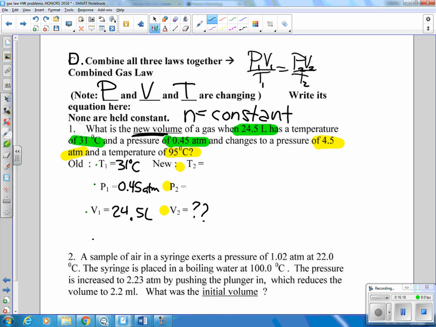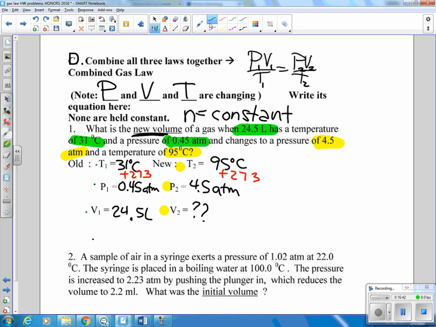The pressure is now 4.5 atm and the temperature is 95 degrees. Just a reminder, you want to set up your temperatures to be in Kelvin.